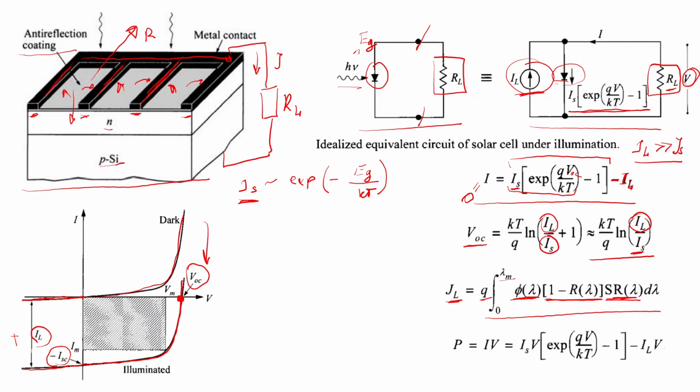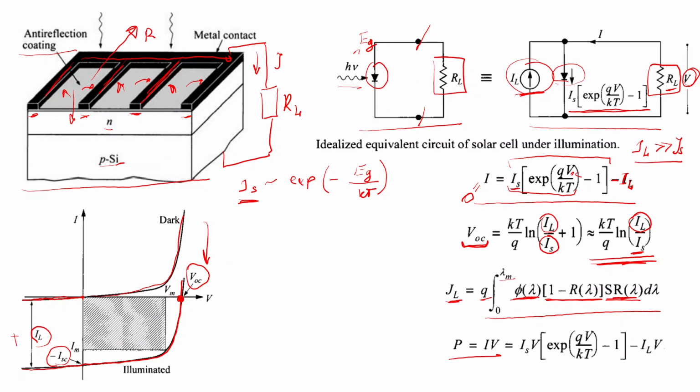It means from this equation that for larger band gap IS, which is in the denominator, will be smaller, and VOC will be larger. So the larger the band gap of the material, the larger this open circuit voltage will be. And on the contrary, the narrower the band gap we take, VOC will become smaller. That comes from this current-voltage characteristic of the solar cell.